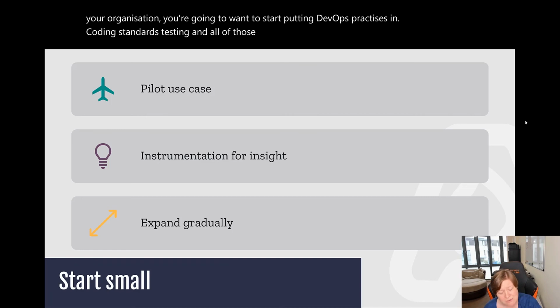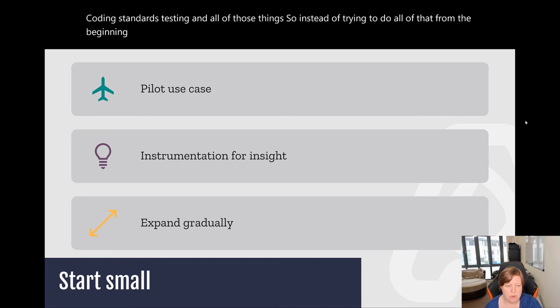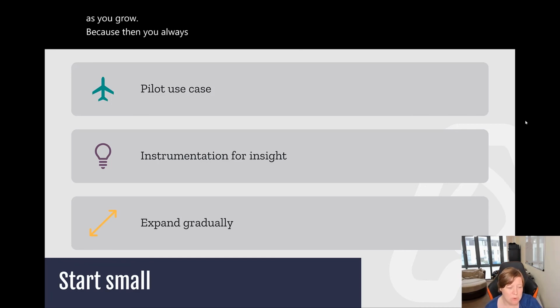So instead of trying to do all of that from the beginning, start small, start with a proof of concept, and rebuild or improve your capability as you grow. Because then you always have the backing of the people who are getting the most value out of what you've built.